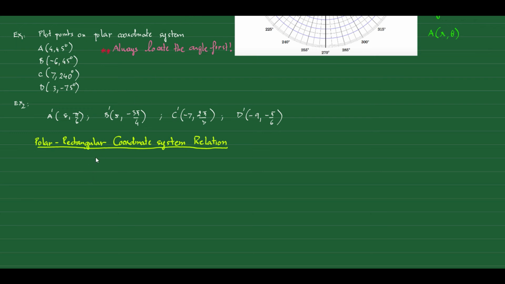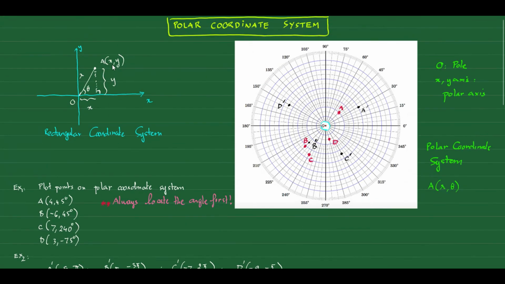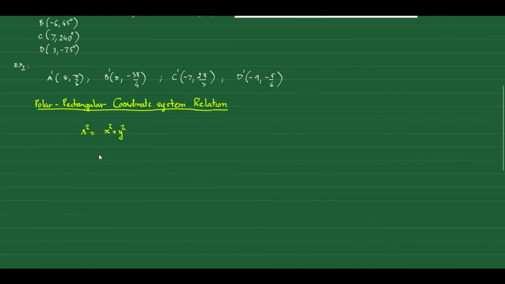So r squared equals x squared plus y squared. And sine of theta will be y over r, so from here we can find y: y equals r sine theta.